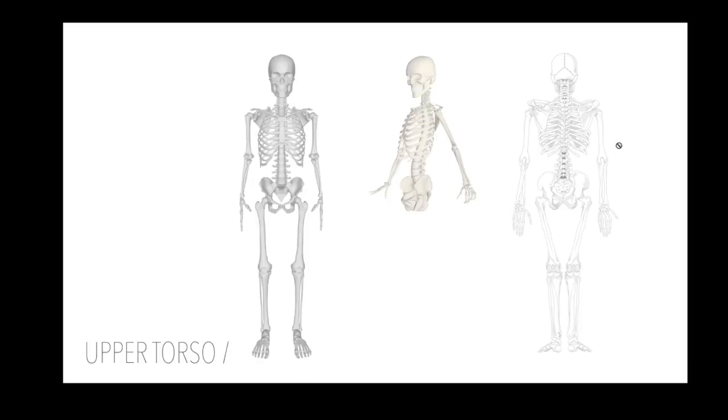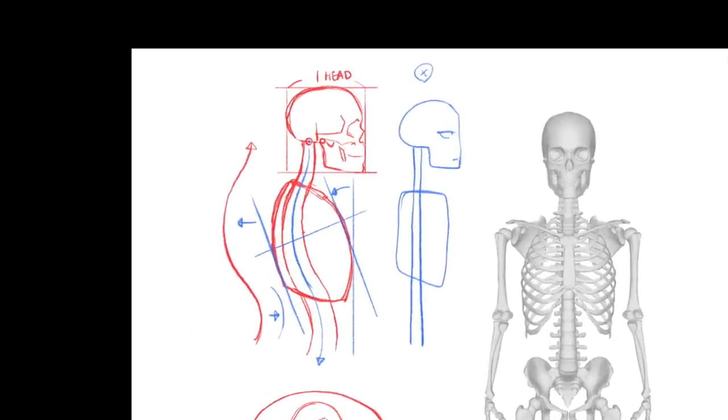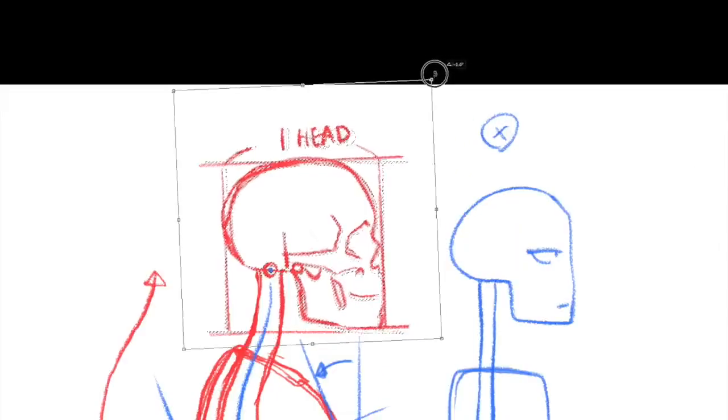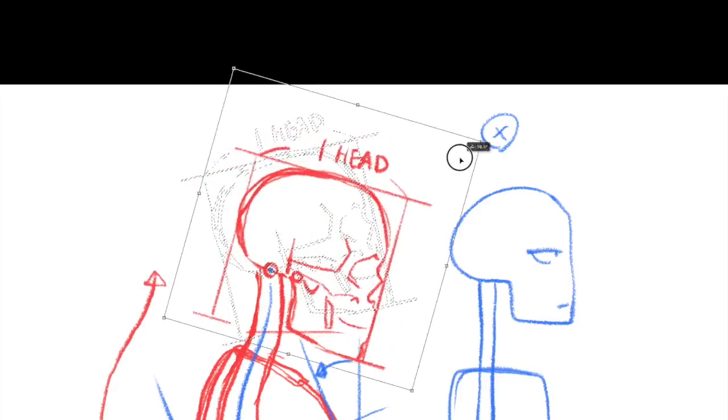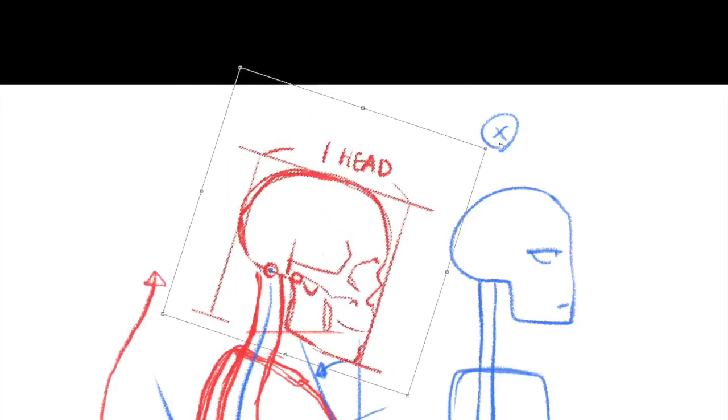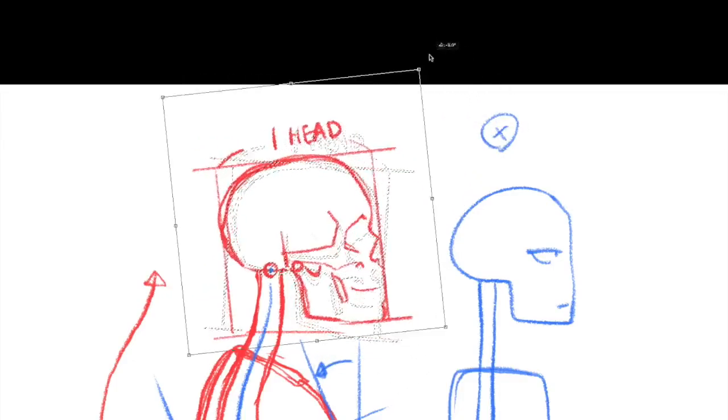And don't forget the anchor point of the skull, which is connected to the spine. It's going to help you understand when you draw. The anchor point is right there, and based on that, the skull moves like that. That's how you move.